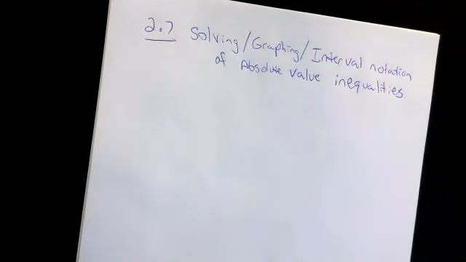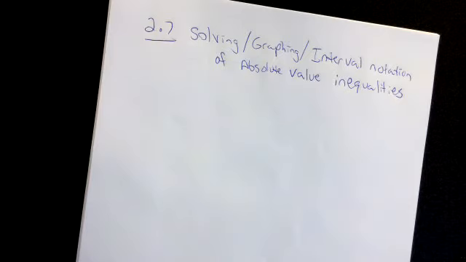So we're going to be solving and graphing and interval notation. So again, inequalities is what we did last time. I believe that was 2-5. That was linear inequalities. These are going to be absolute value inequalities.